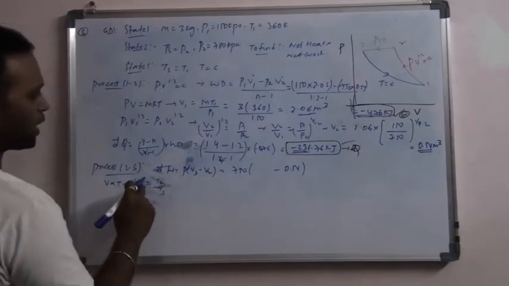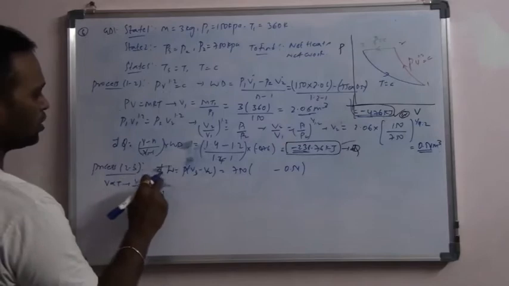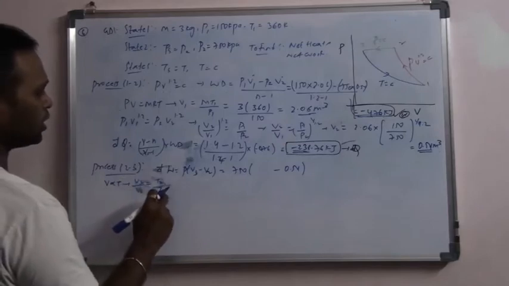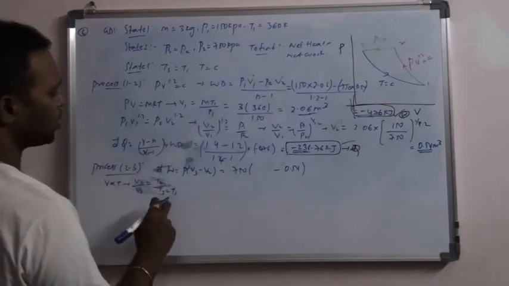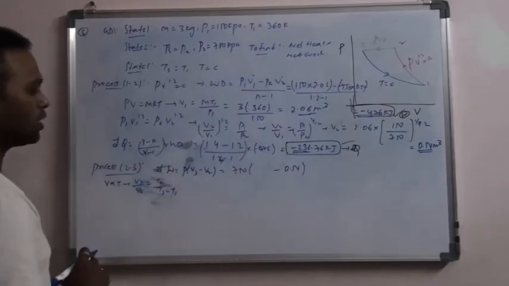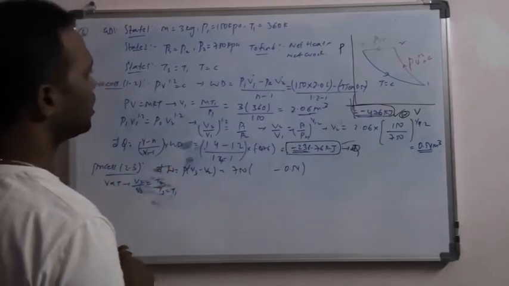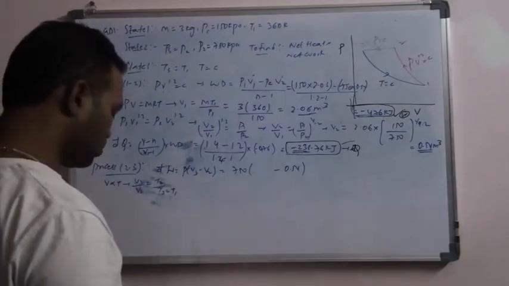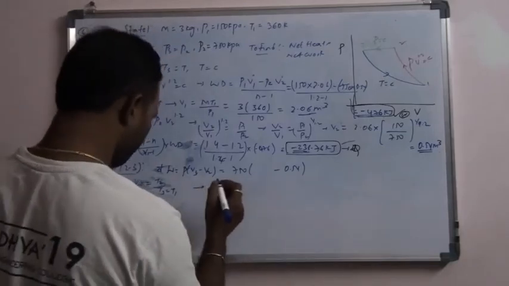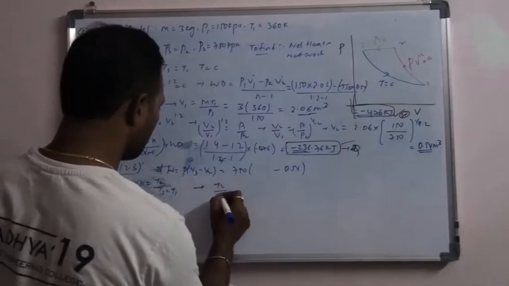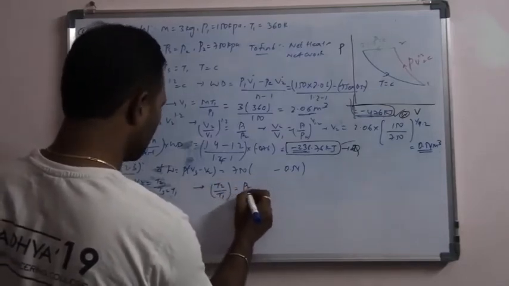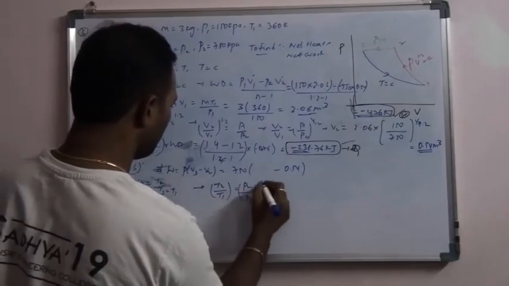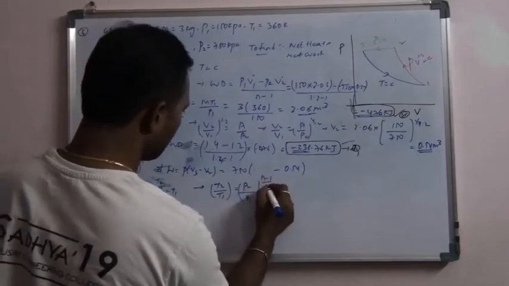V2 is known, and T3 is equal to T1 because it is reaching the initial state. T2 we need to calculate. To calculate T2, we use the relation T2 by T1 is equal to (P2 by P1) whole power (n minus 1) by n.